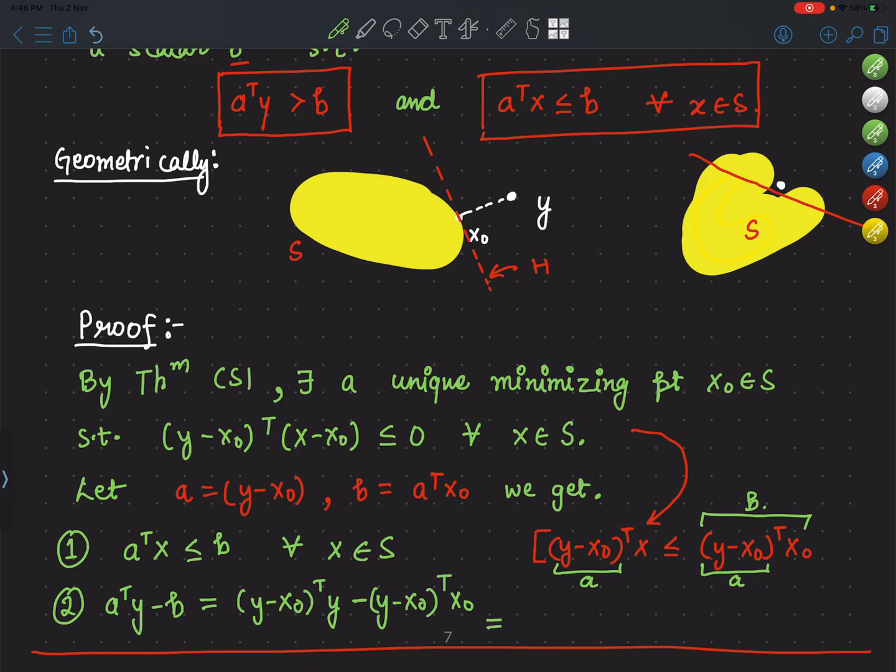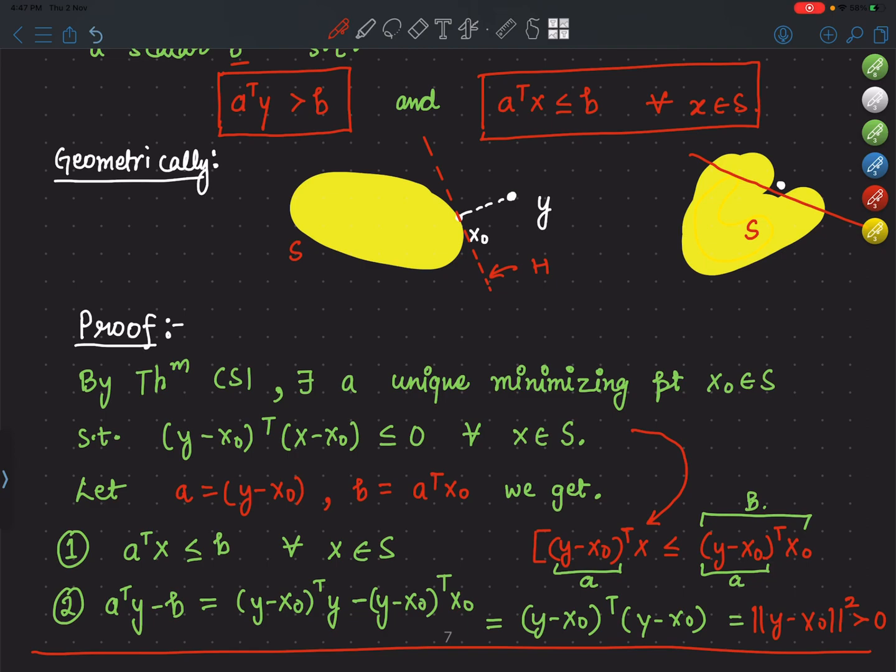And this can be written as y minus x naught transpose y minus x naught, which is actually equal to norm squared of y minus x naught, which is always greater than 0. Greater than 0, and not equal to, because y can never be equal to x naught, because y does not belong to S.